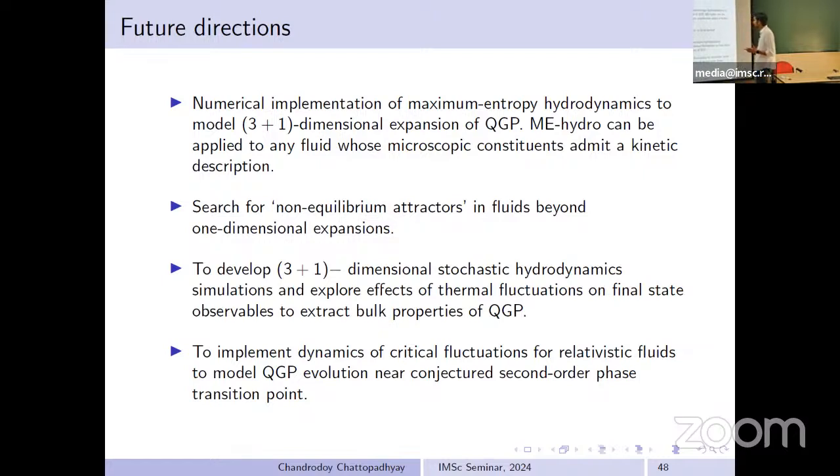And there are two other things that I did not talk about today, but talked about the day before yesterday: to formulate stochastic hydrodynamic simulations and explore their effects for characterization of bulk properties of QGP. And I'm also working on implementing dynamics of critical fluctuations with a goal of modeling the dynamics of a fluid near a phase transition. So thank you for your attention.